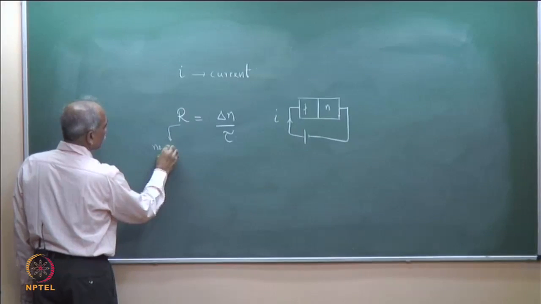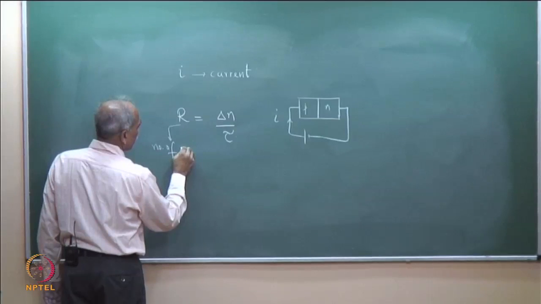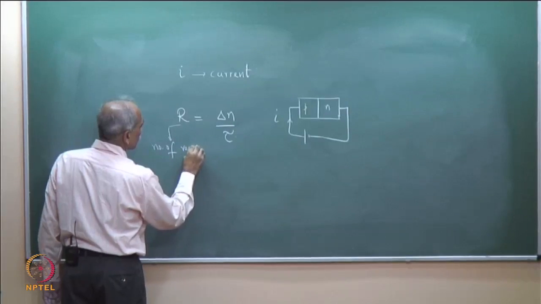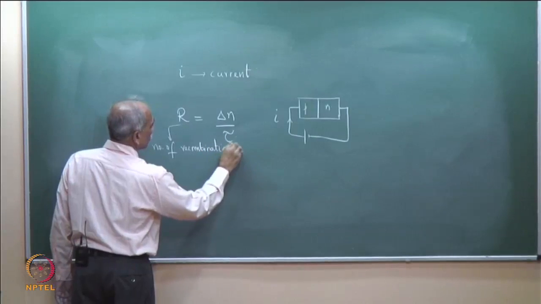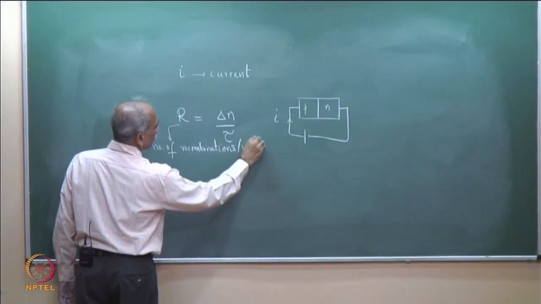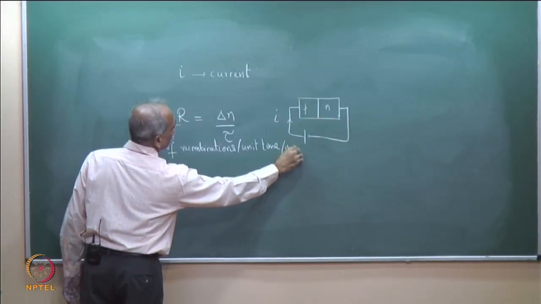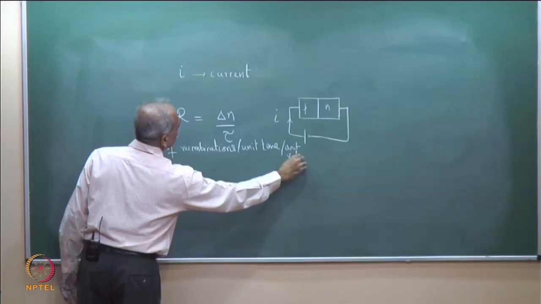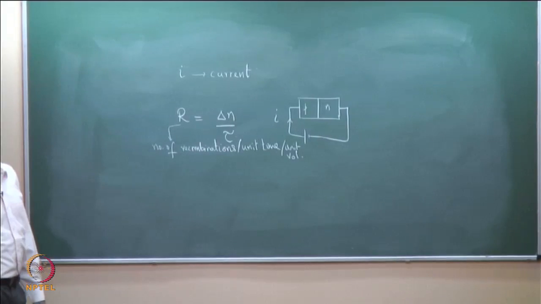Number of carriers recombination, that is number of recombinations per unit time per unit volume. This is R. Number of recombinations per unit time per unit volume.